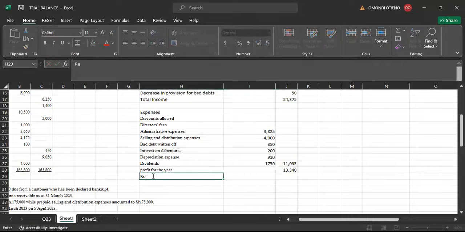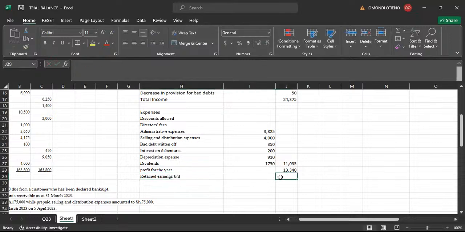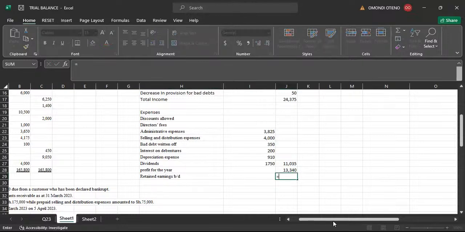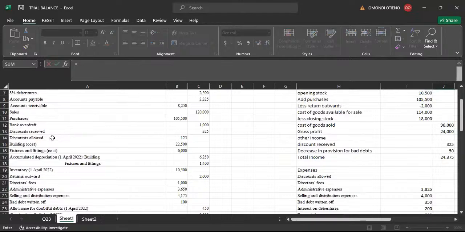Then we have retained earnings brought down. It was given to us somewhere here.